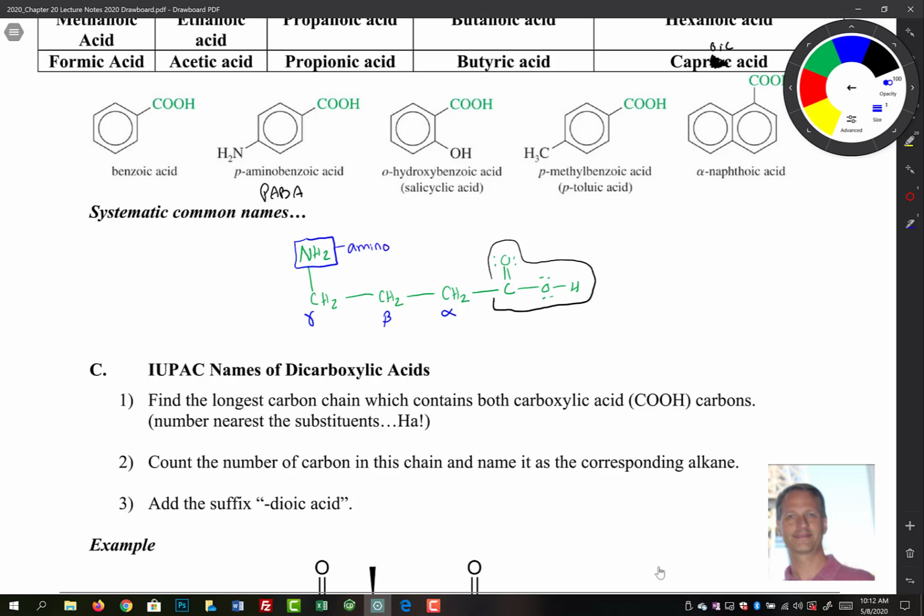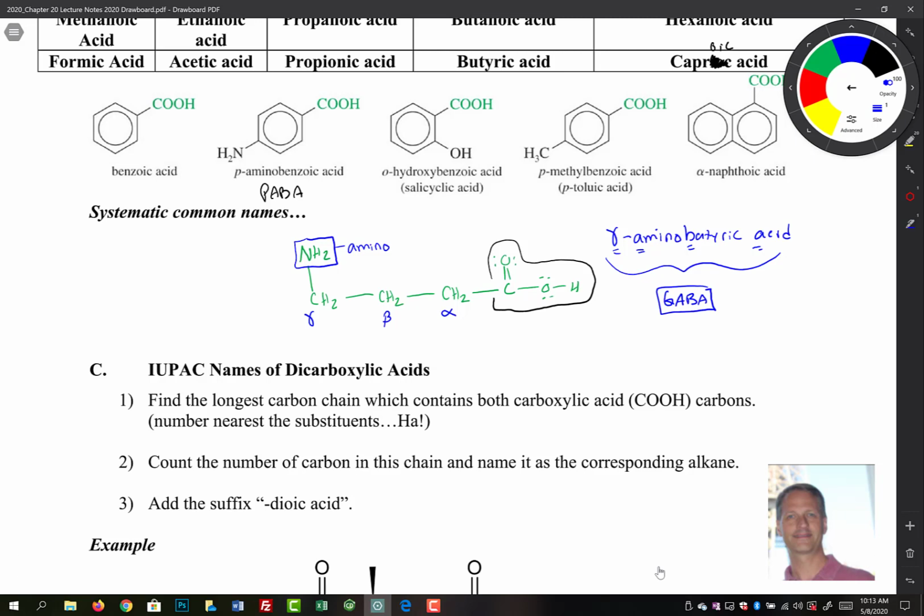So this compound's name is gamma-amino, because that's where the amino is, and that's butanoic, but often referred to as butyric acid. So this is gamma, G A B A. So if you've taken physiology, you may recognize this as being GABA, or at least be familiar with the name GABA there.